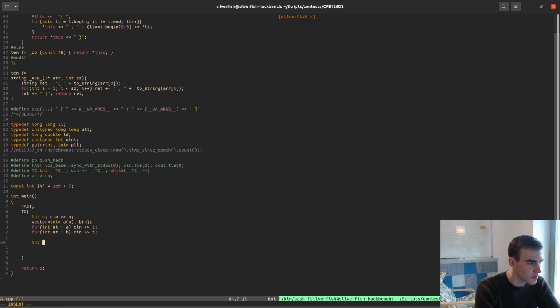And it can be 20 times that, it needs to be long. For int i equals 0, i smaller than n minus 1, i plus plus.